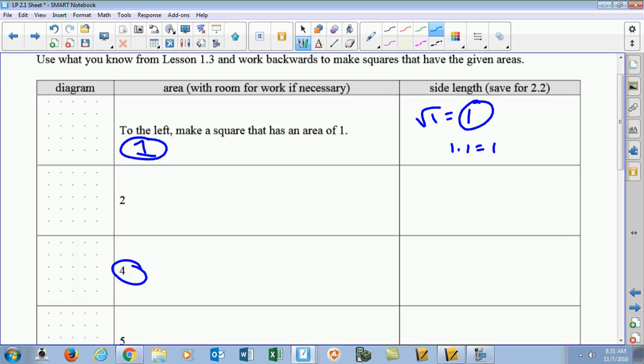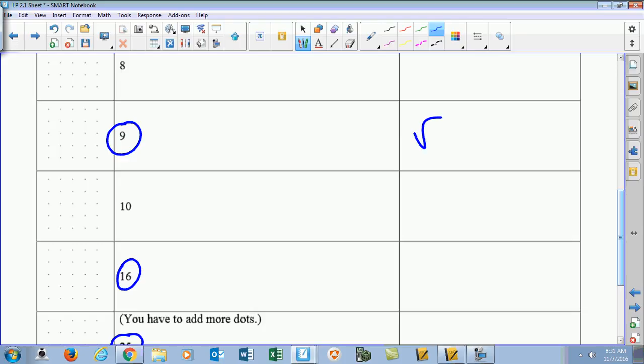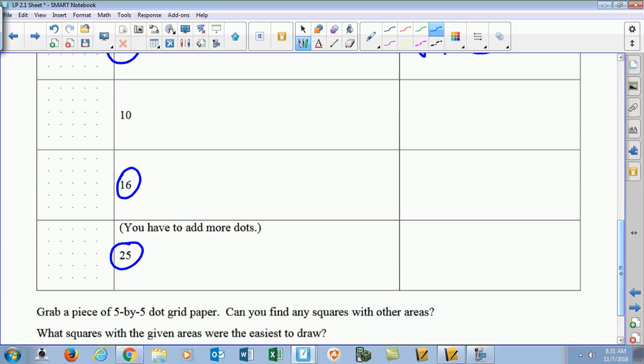What's the square root of 4? 2. Square root of 9? 3. Square root of 16? And the square root of 25? That's 5.